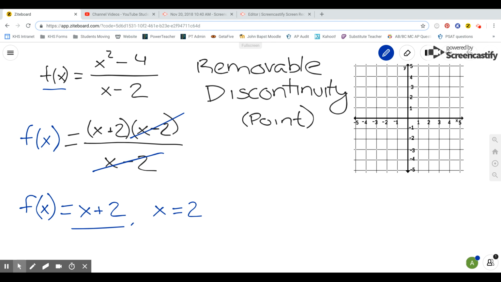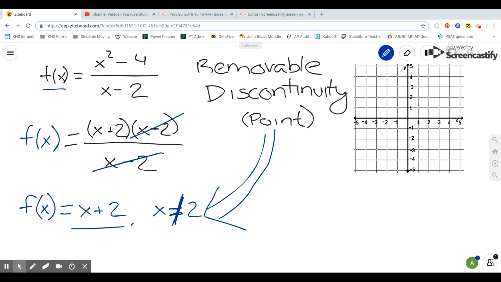X minus 2, so 2 minus 2 is 0, so I get 0 in the denominator, which is not the same thing as 4. So what I have to say is yes, I can cancel it, and yes, x plus 2 is equivalent to my original rational equation, but x cannot equal 2. And your removable discontinuity is x equals 2.